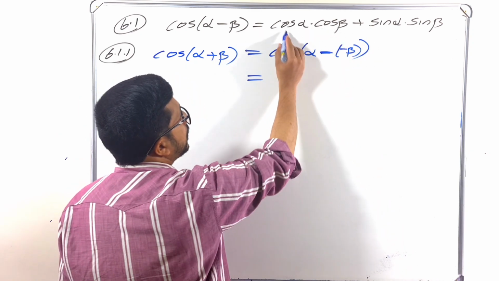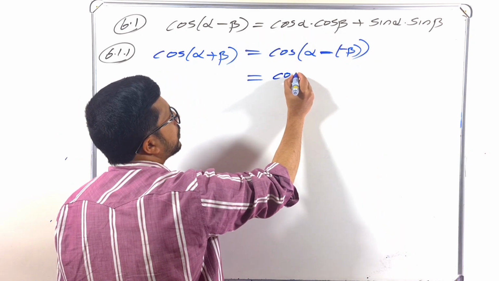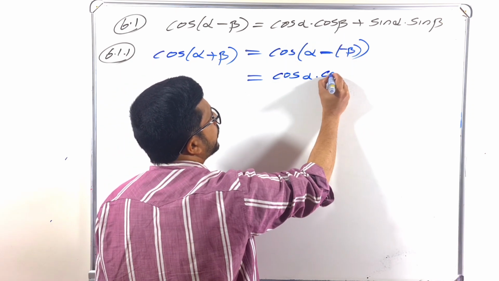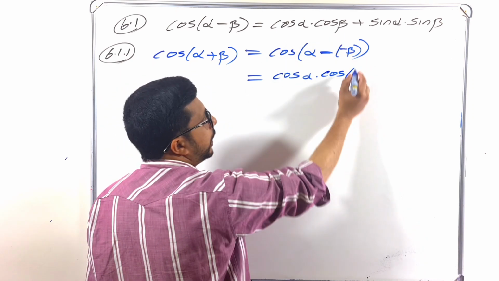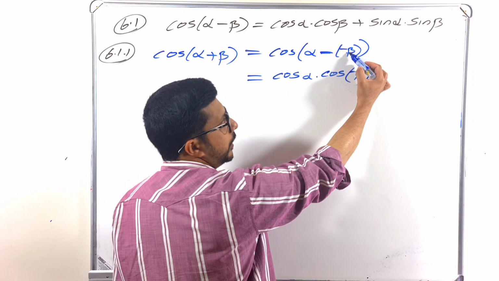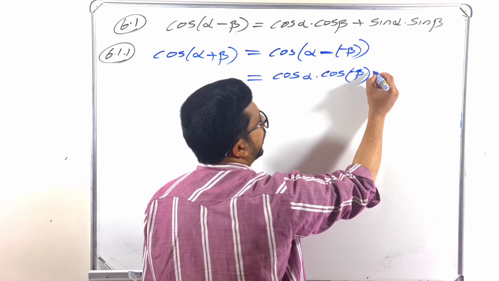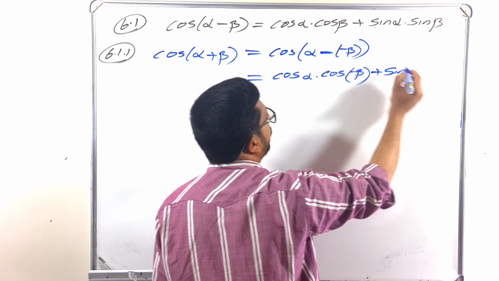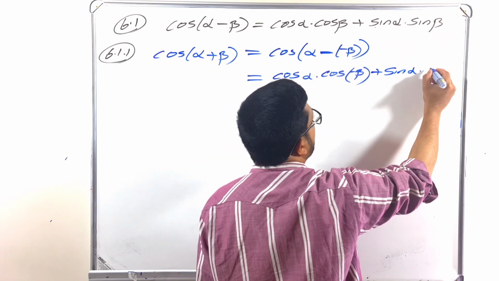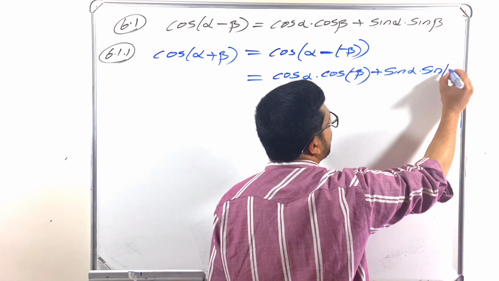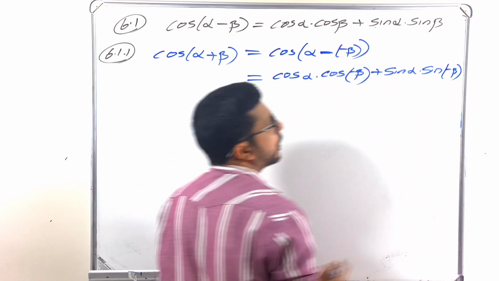So this is cos alpha cos beta, and there you must be careful: our beta is minus beta. So cos alpha cos of minus beta, plus sin alpha, our alpha is alpha itself, sin of minus beta. There you must be careful, our beta is minus beta.